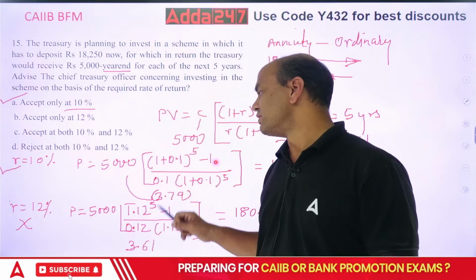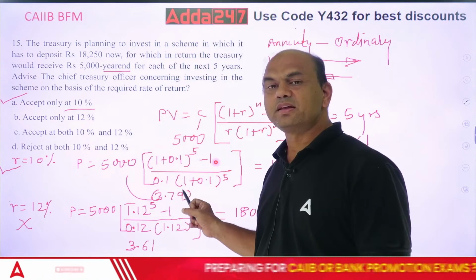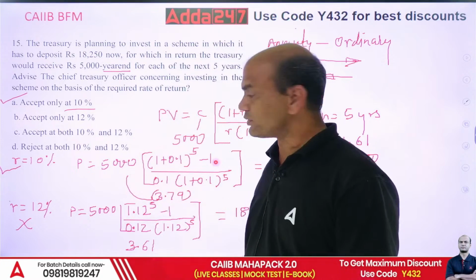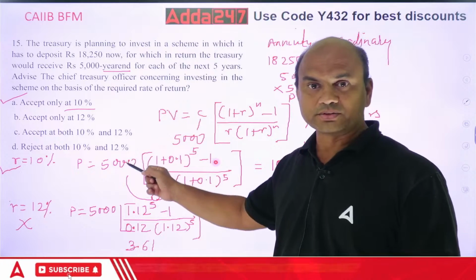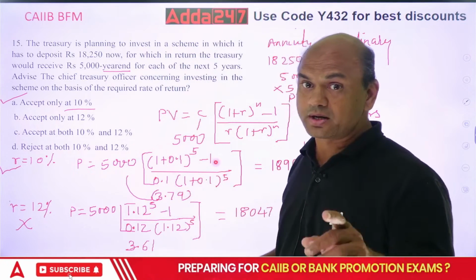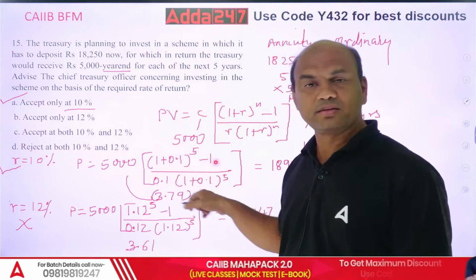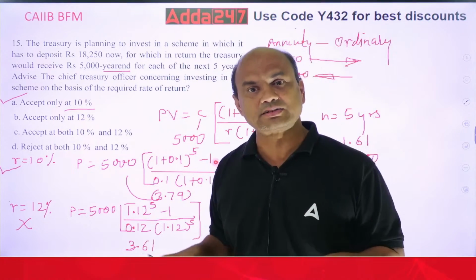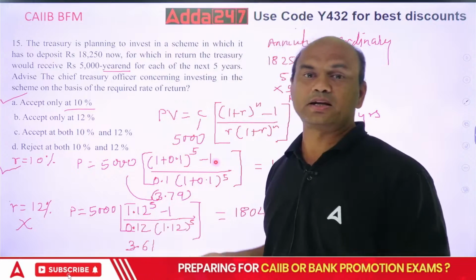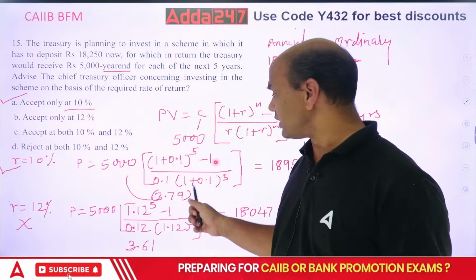So if this is 3.79, then multiply it with 5,000. Are you getting this 3.79 everyone? This answer should be 3.79 because I have tried and tested this. I have checked this answer many times. So this is correct. You all must get 3.79.